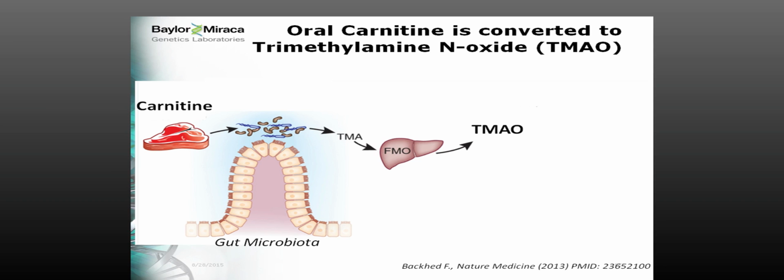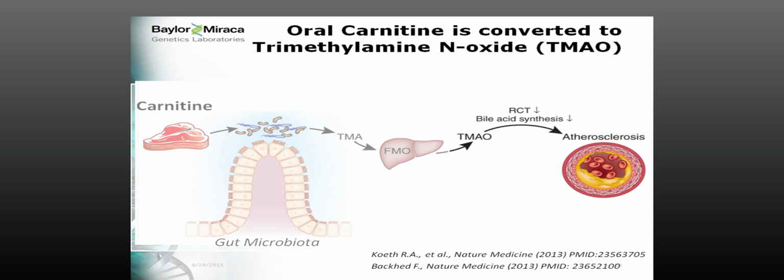In the intestine, that gets broken down and metabolized by bacteria in our gut to trimethylamine. That trimethylamine gets absorbed into our bloodstream and our liver converts it to trimethylamine N-oxide. That suppresses bile acid biosynthesis and has been shown to be associated with increased risk for atherosclerosis.